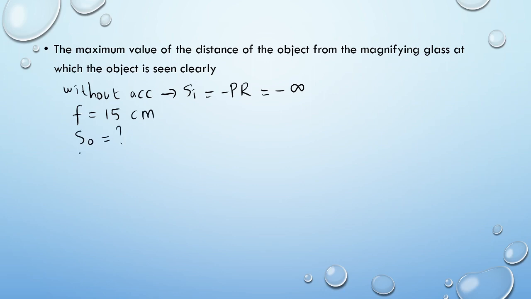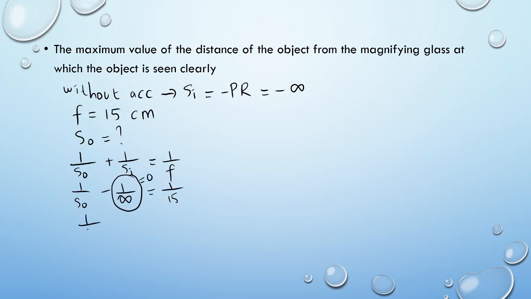So once again, let's use the general equation: 1 over SO plus 1 over SI equals 1 over F. 1 over SO minus 1 over infinity equals 1 over 15. 1 over infinity equals 0.